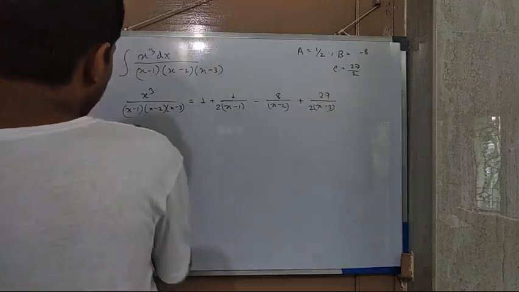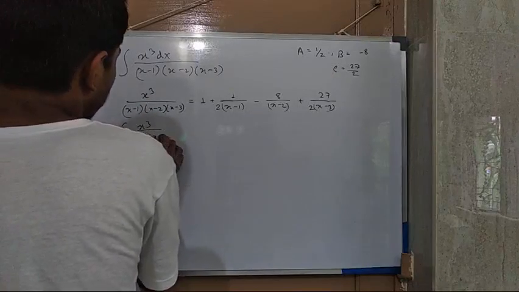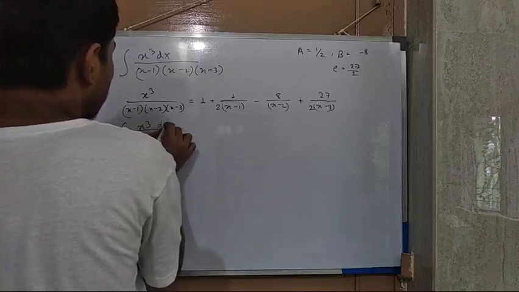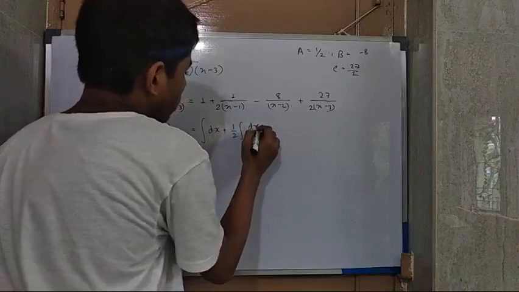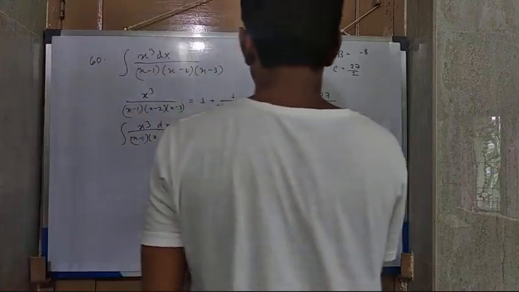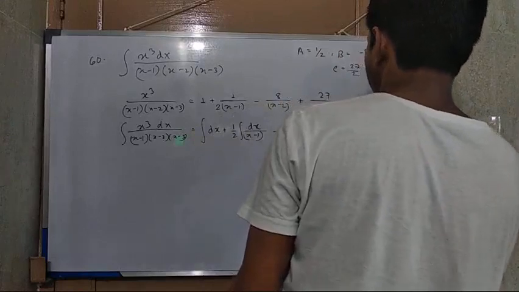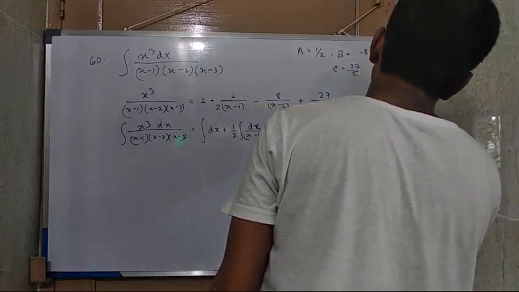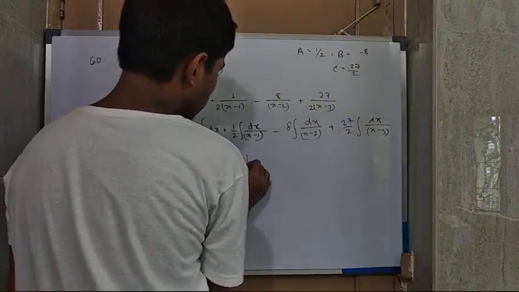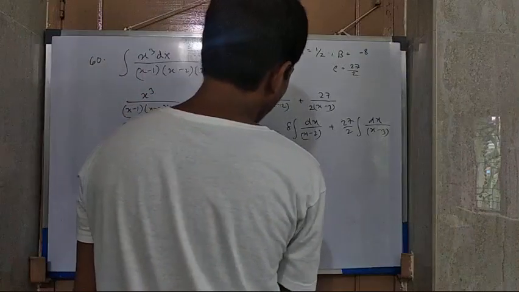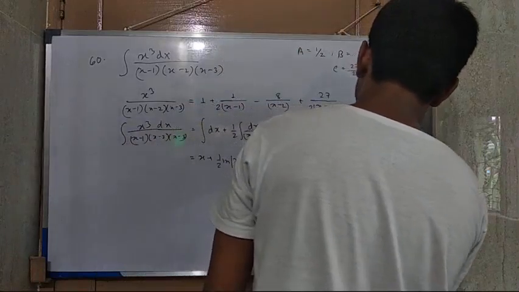So now integrating this, the integral of x cube by (x minus 1)(x minus 2)(x minus 3) dx is equal to integrating dx plus half integrating dx by x minus 1 minus 8 integrating dx by x minus 2 plus 27 by 2 integrating dx by x minus 3, which is x plus half ln (x minus 1) minus 8 ln (x minus 2) plus 27 by 2 ln (x minus 3) plus c.